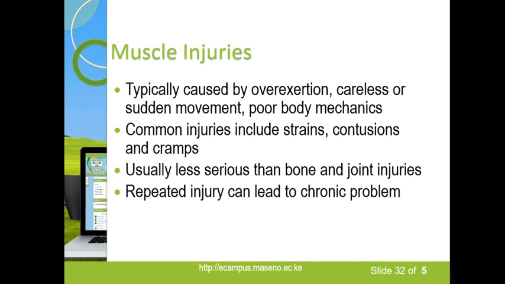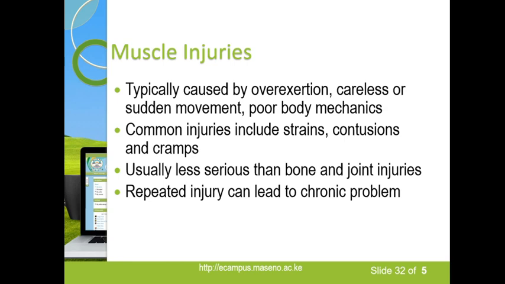It can occur in the main bulk muscles or in the tendons. Now, in such occurrence, we can have deep bruising, and this is usually accompanied with extreme pain, swelling, and bruising of the surrounding tissues.